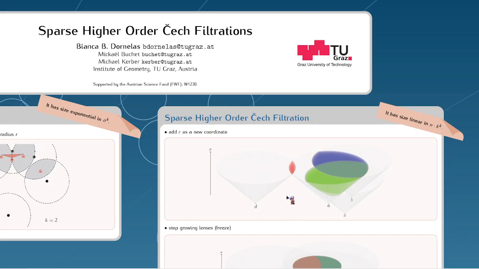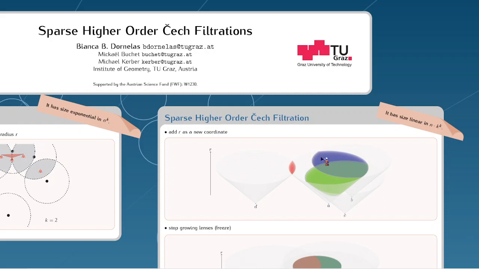Here in this example, we can see the balls growing around each point, and the lenses that they form are colored for the case of order 2. The reason we do this is so that the final construction can be seen as the nerve of a single space instead of a union of nerves.